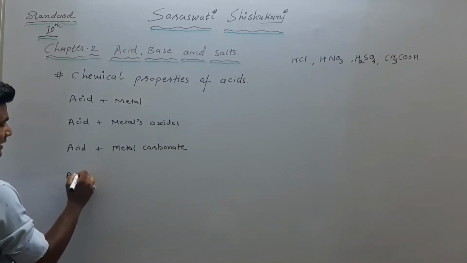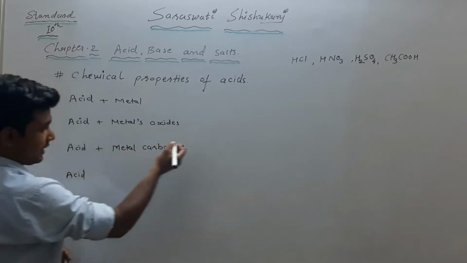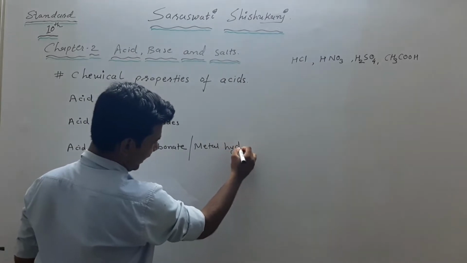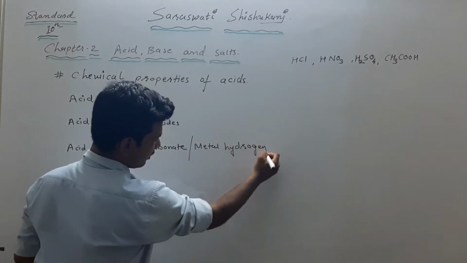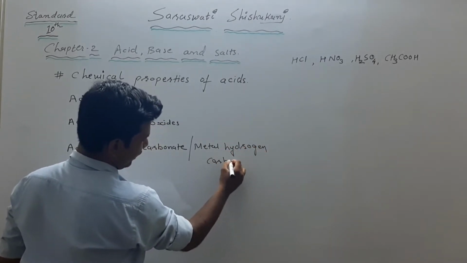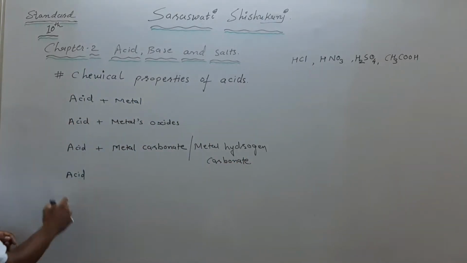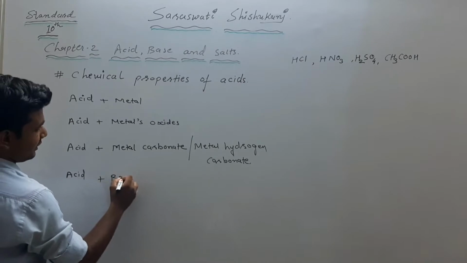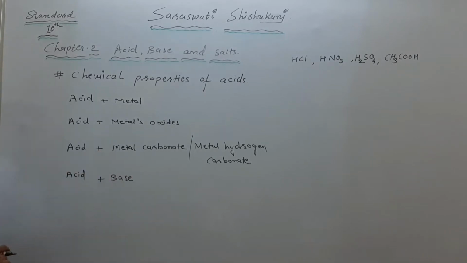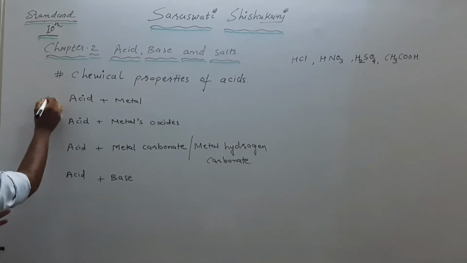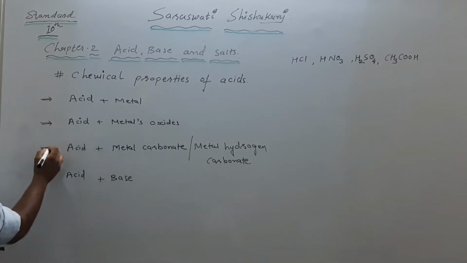Again, acid's reaction with metal hydrogen carbonate, or metal bicarbonate. Then acid's reaction with base. Now, these four chemical properties we have to check in detail.